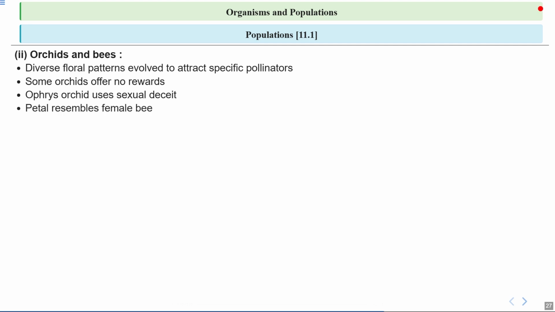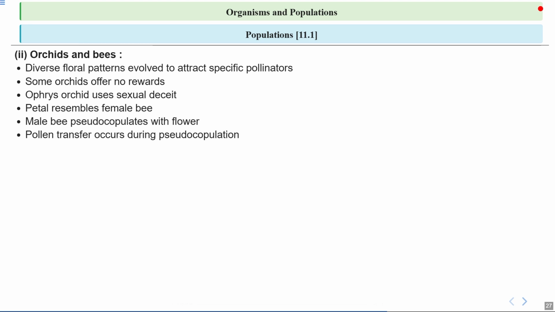Now these orchid petals resemble the female bee. This visual mimicry is so convincing that the male bees are fooled into thinking the flower is a potential mate. So the male bee pseudo-copulates with the flowers, and this process pollinates the flower. Pollen transfer occurs during the pseudo-copulation.